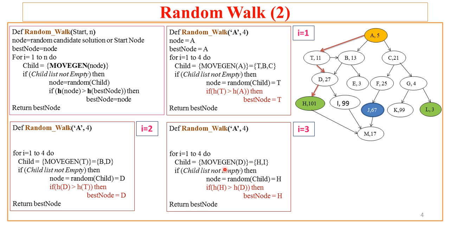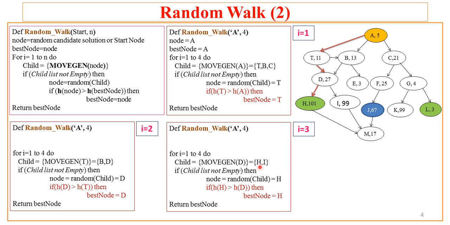Now for iteration I equal to 3, the current node is D and the MOVEGEN function is called for this D. Now D has two children H and I with heuristic values 101 and 99 respectively.